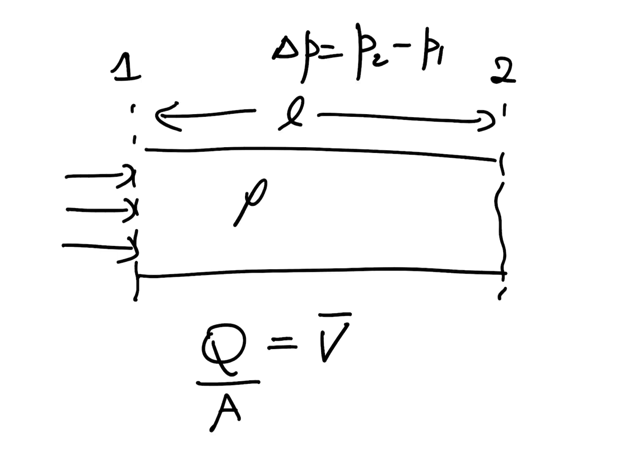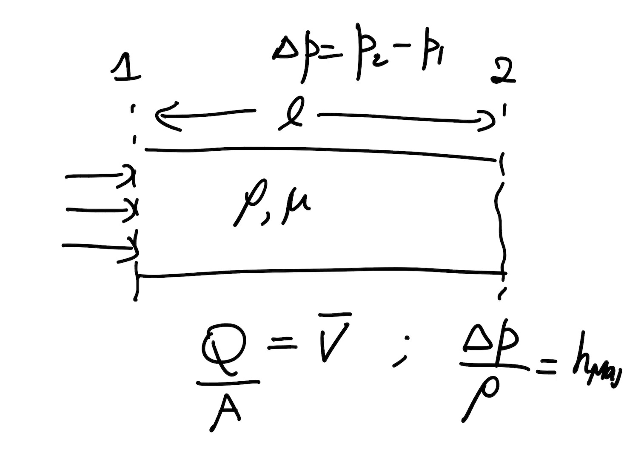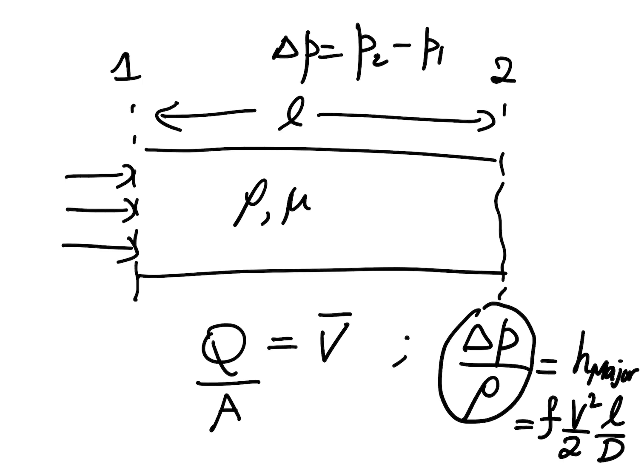Knowing the fluid, we will know the density and viscosity, and delta P divided by rho is the head loss that we are looking for, and this is equated to F times V squared over 2 times L by D. If all the quantities are known or measured except F, it can be calculated.